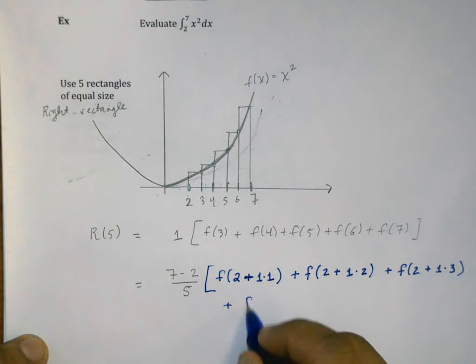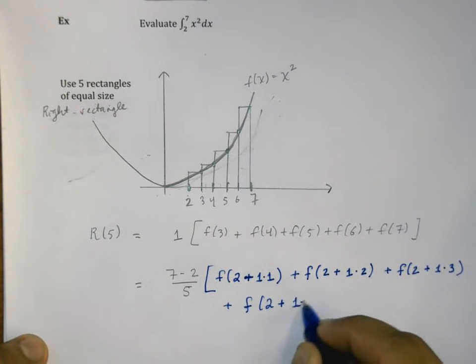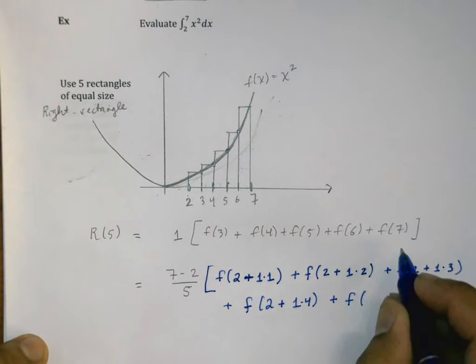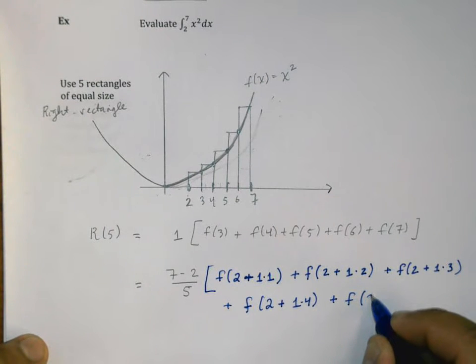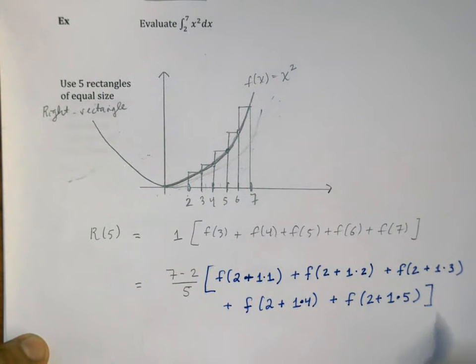F of 6 is really f of 2 plus 1 times 4, plus f of 7 is 2 plus 1 times 5. The reason I did this is so that I can rewrite this as a summation.